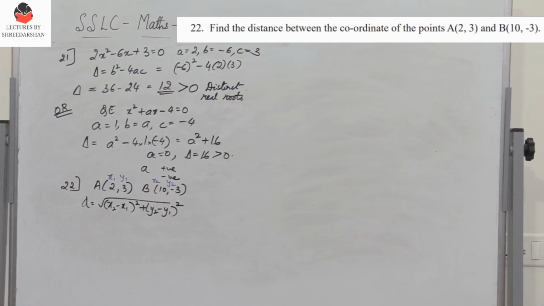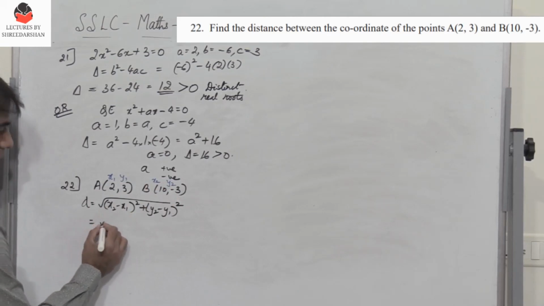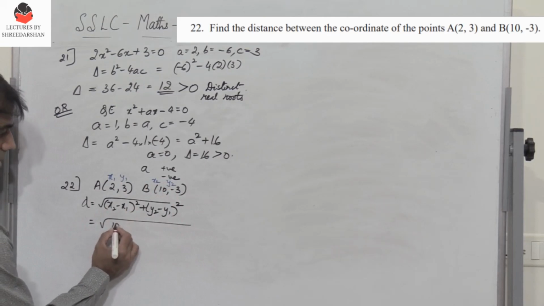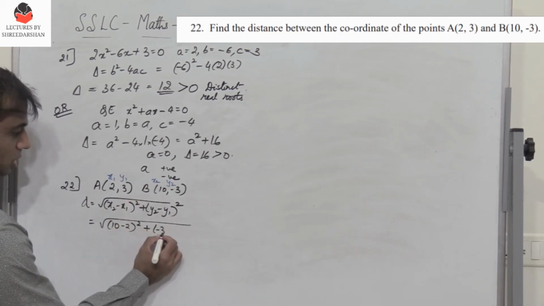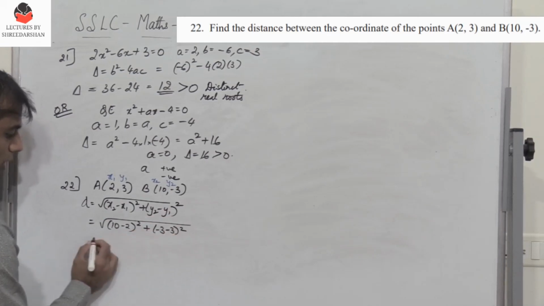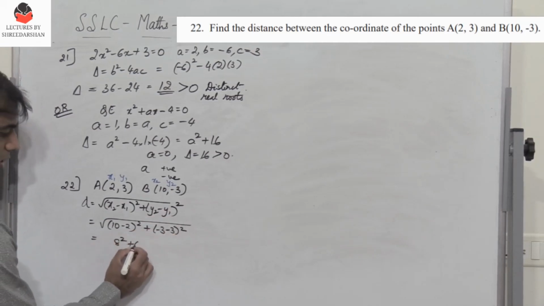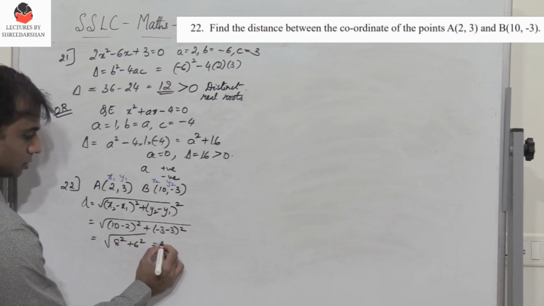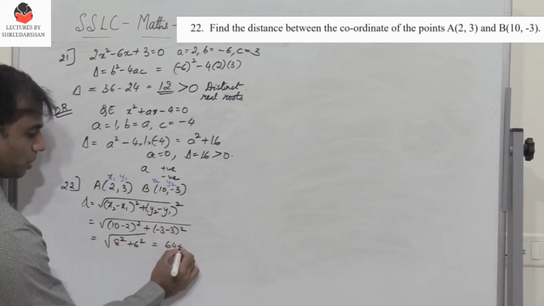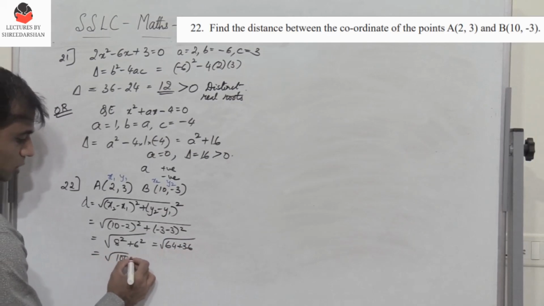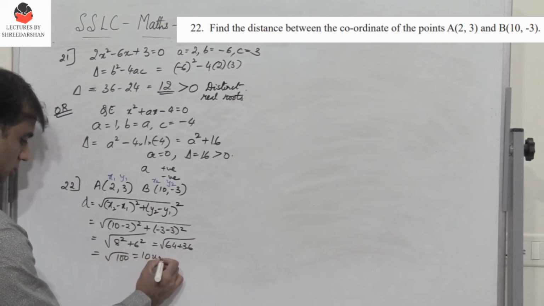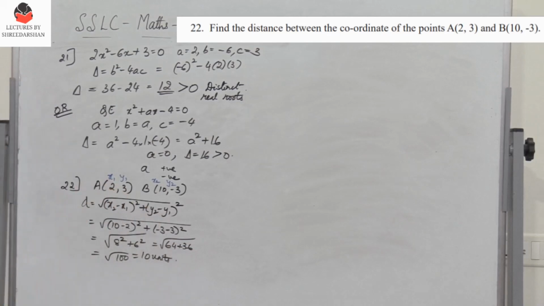Alright. So therefore let me substitute the values. What is x2? x2 is 10 minus 2 the whole square plus y2 is minus 3 the whole square. So I get 8 square plus 6 square. So 8 square is 64 plus 36, which gives me root 100, which is equal to 10 units. So the distance is 10 units.